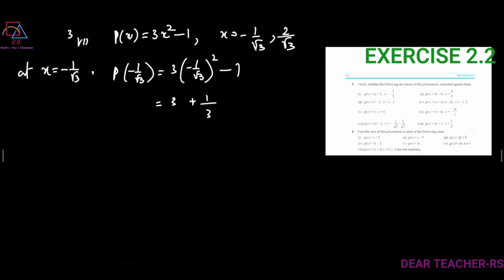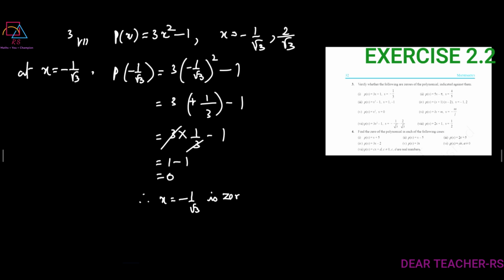So 3 into 1 by 3 minus 1. 3 will get cancelled. 1 minus 1, 0. Therefore, x is equal to minus 1 by root 3 is a zero of p(x).